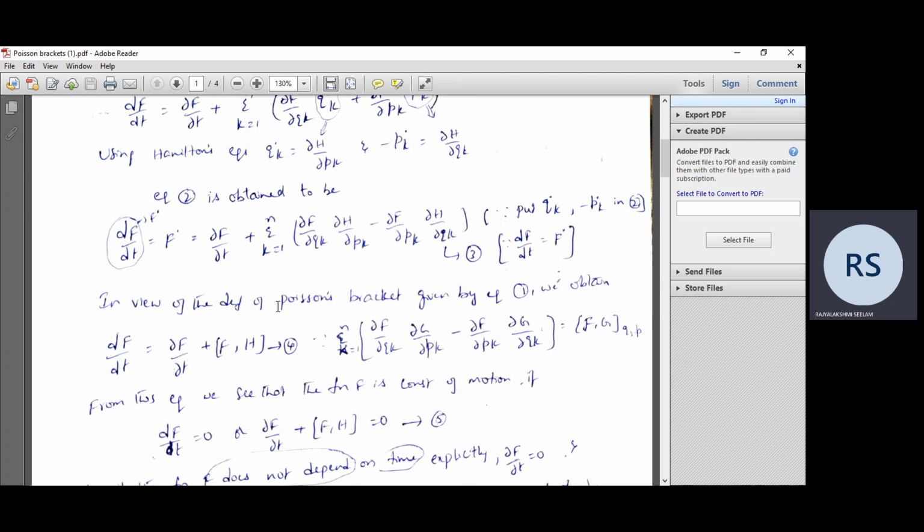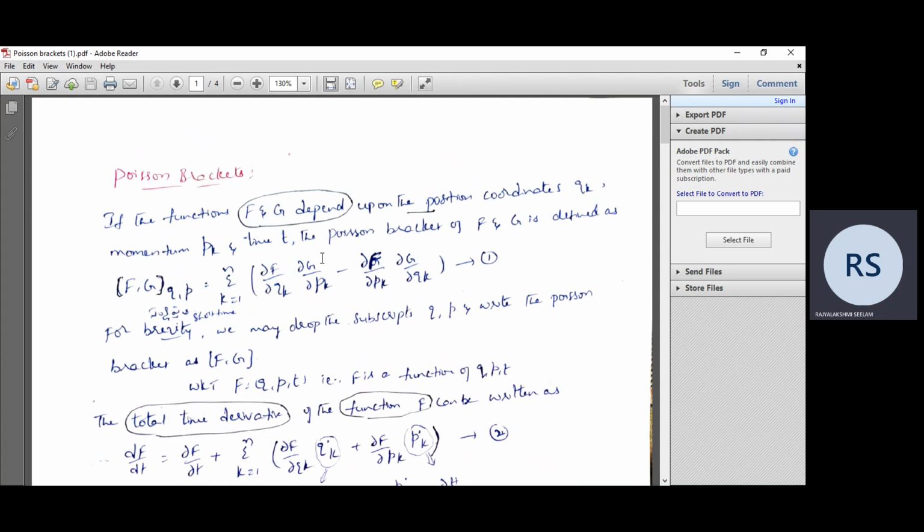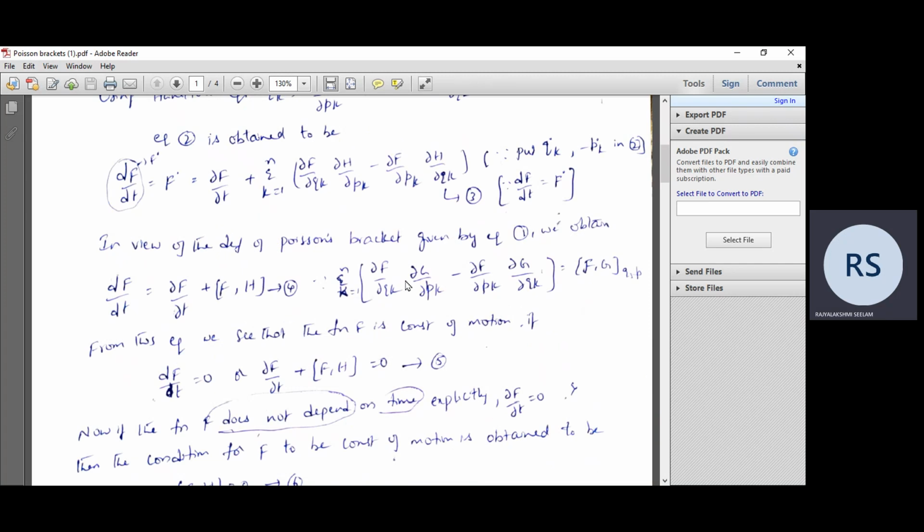In view of the definition of the Poisson bracket given by equation number 1, we can express this as dF/dt equals ∂F/∂t plus, if we observe, it is in the form of the Poisson bracket [F, H]. So dF/dt equals ∂F/∂t plus [F, H]. This is equation number 4.